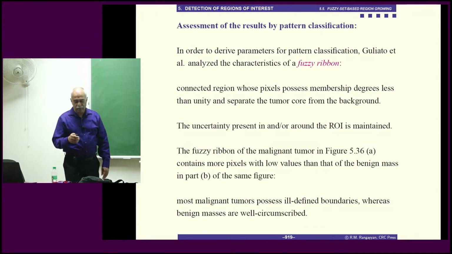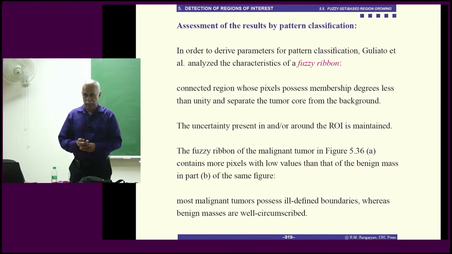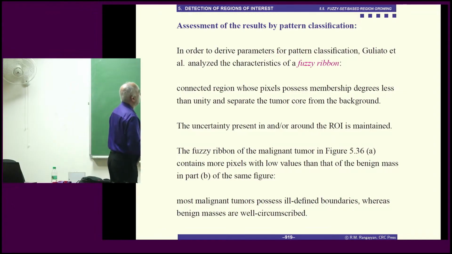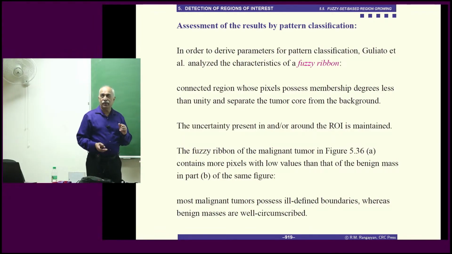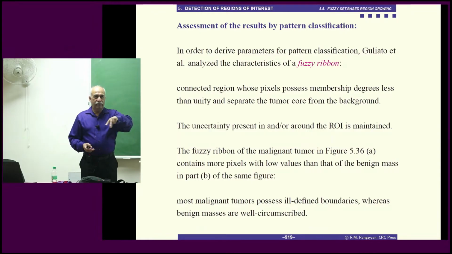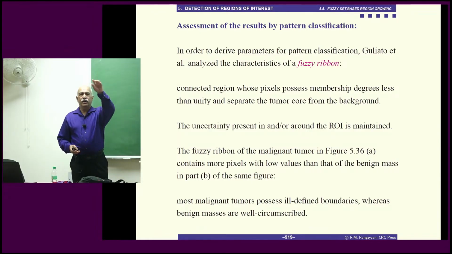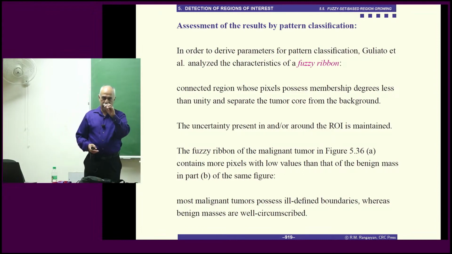To assess the result by pattern classification, we defined a fuzzy ribbon. The fuzzy ribbon is a connected region whose pixels possess membership degree less than unity and separate the tumor from the background. So around the periphery of a malignant tumor, we expect many pixels to have low membership to the tumor, but not 0.